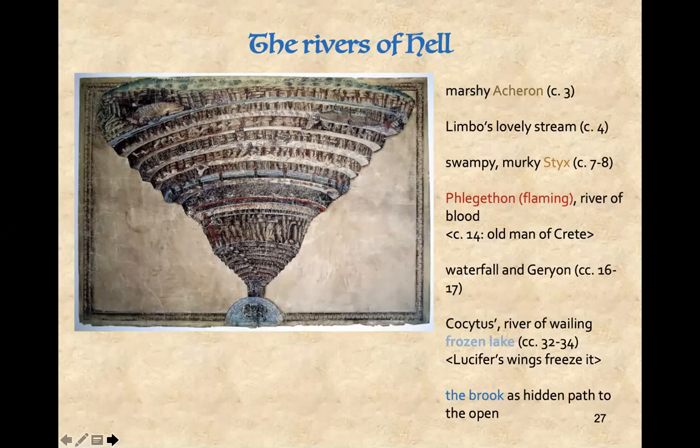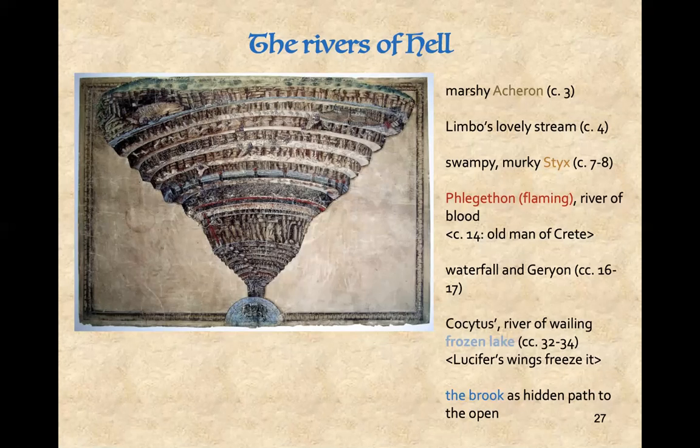Before we do so, I would like to point your attention to the fact that taking the cue from classical antiquity, Dante describes hell as marked by different rivers. And we want to pay attention to this because Dante put a lot of care into this. So the first river is the one we already saw, Acheron.